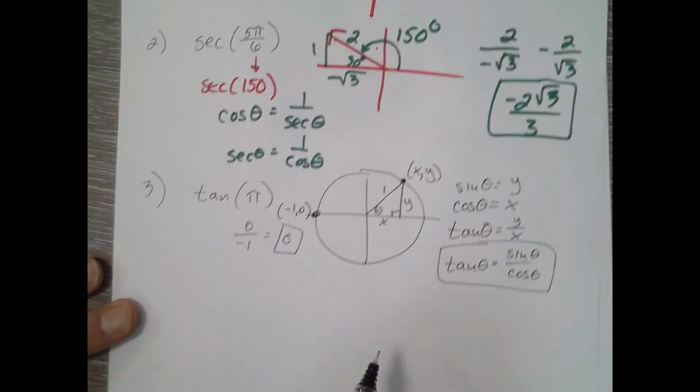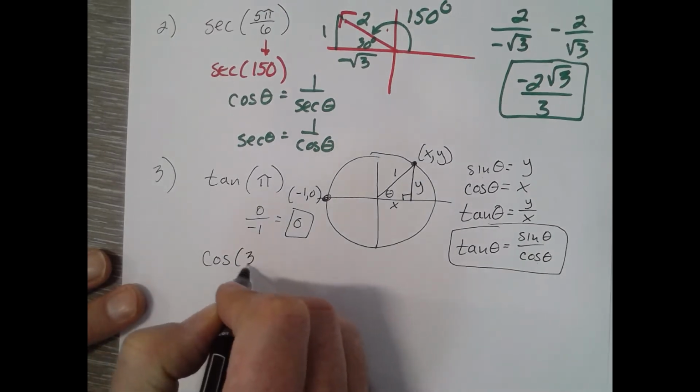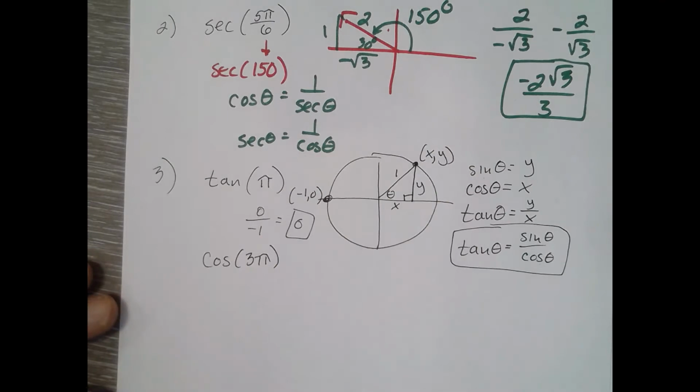I could ask you, what's the cosine of 3 pi? Anybody know what that is? Nope. It's negative 1. How'd you get that? Go around once and then a half. Good.